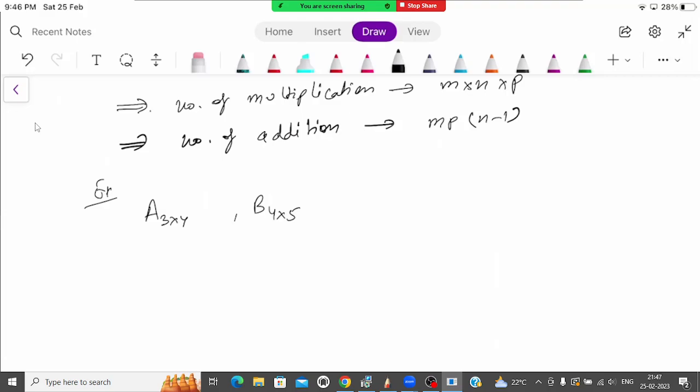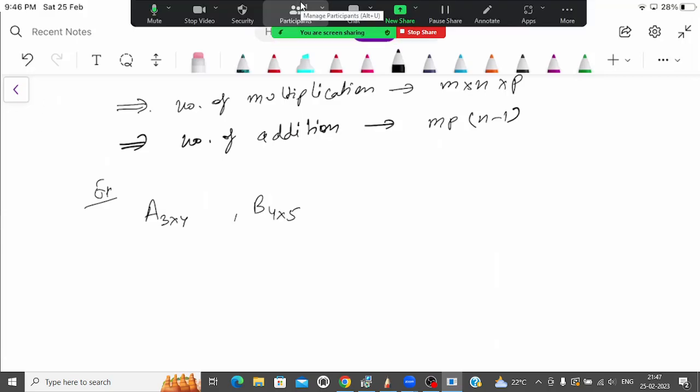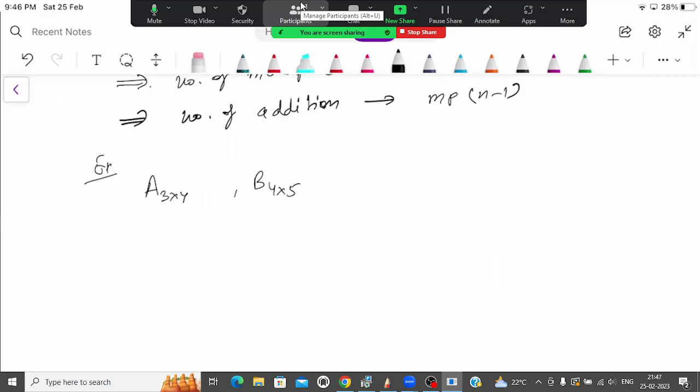Using the same formula which I have described here, the number of multiplications will be 3 into 4 into 5.